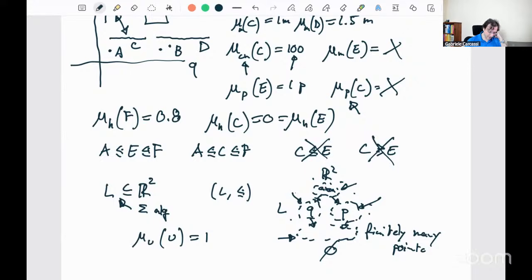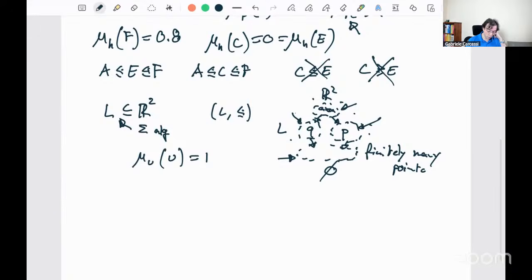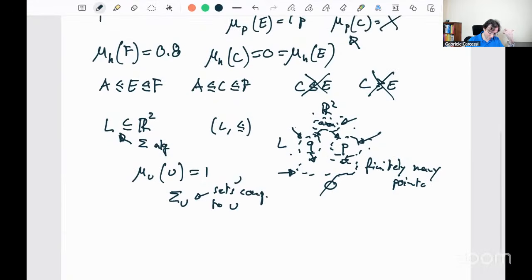And then there are going to be things that are comparable to U, right? So you're going to have some kind of sigma U that is all the sets that are comparable to U in a finite way, let's say finitely comparable. And these are basically the ones that are commensurate, the ones that have the same physical dimension, because I can only compare in a finite way things that are of the same physical dimension.